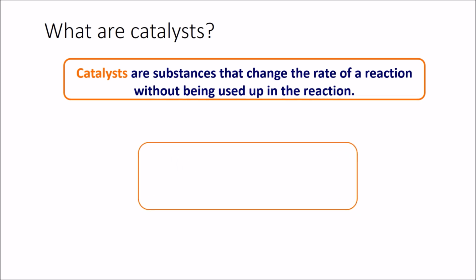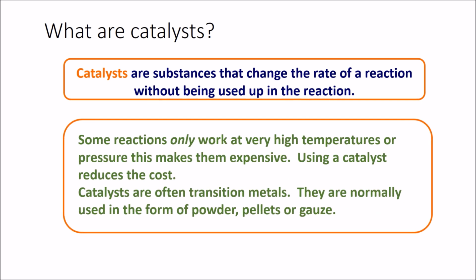Okay, so it's a really important thing that we know about in industry because it can actually reduce the overall costs of manufacturing different goods. So quite a lot of reactions that we want to happen when we're making goods need to happen at a very high temperature or a very high pressure.